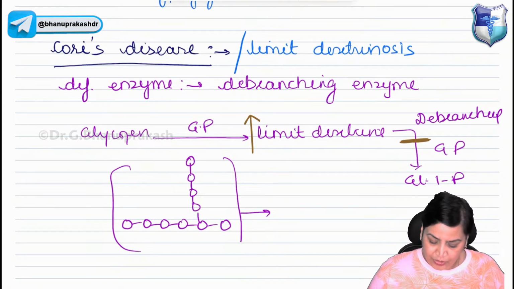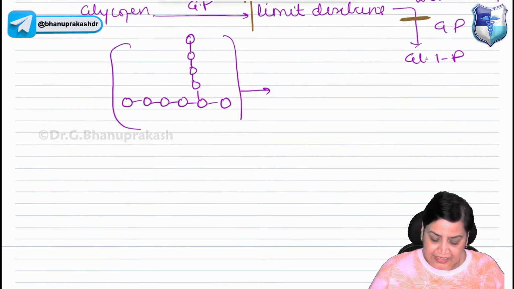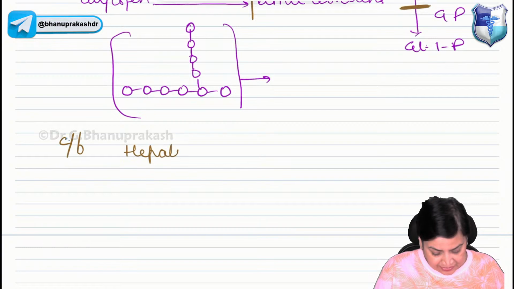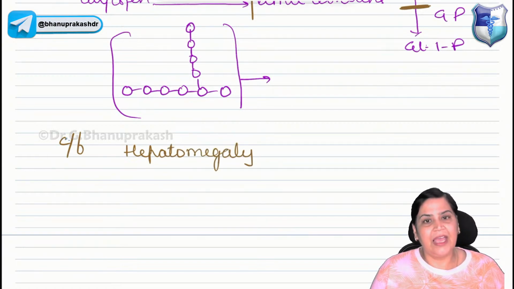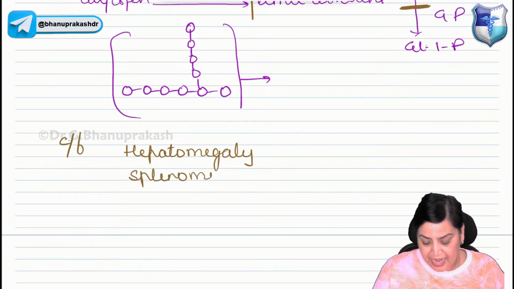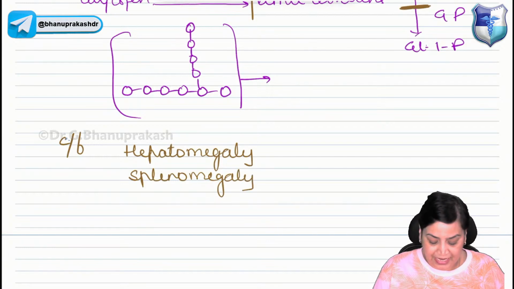Clear? So it is first of all a muscle storage disorder. So here hepatomegaly will be visible. Right? Along with hepatomegaly, again there will be splenomegaly and no renomegaly will be there.